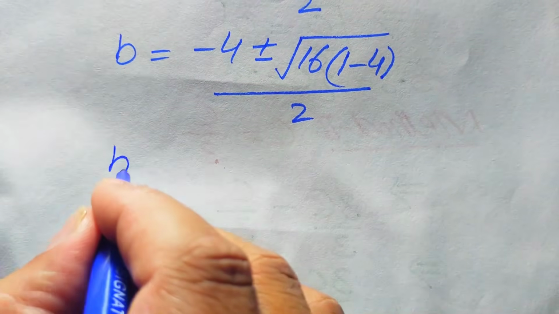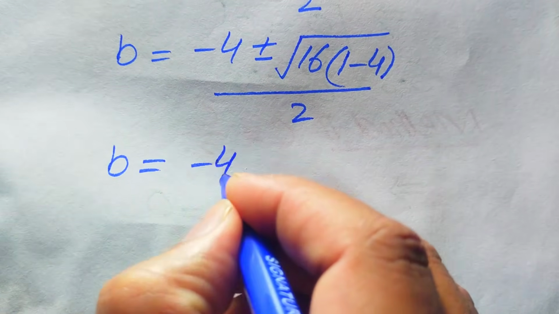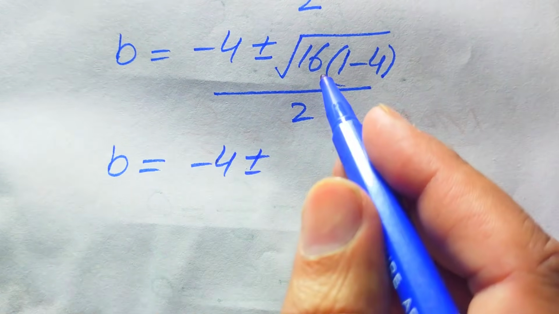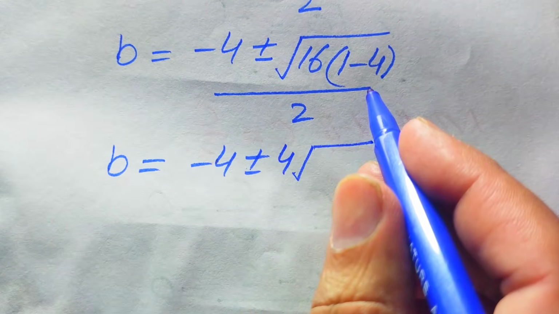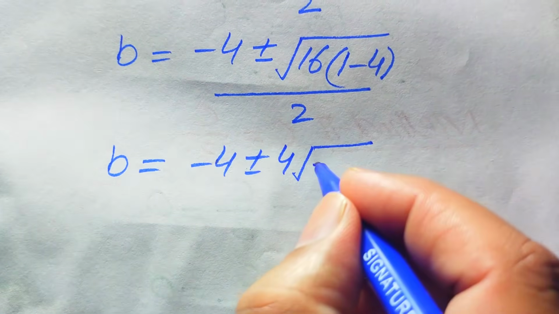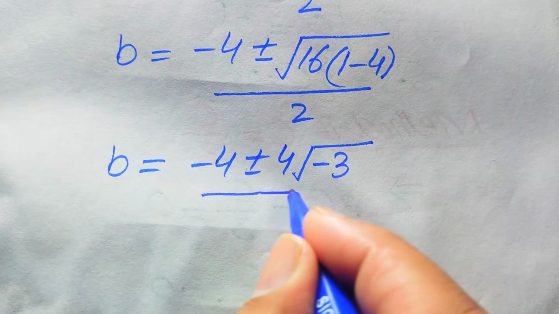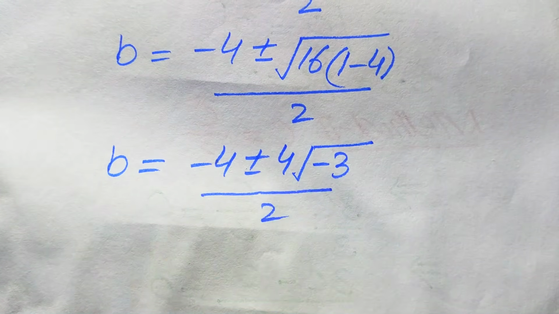Further, we have b equals minus 4 plus minus. We know the square root of 16 is 4, times the square root of 1 minus 4, and 1 minus 4 becomes minus 3, divided by 2.